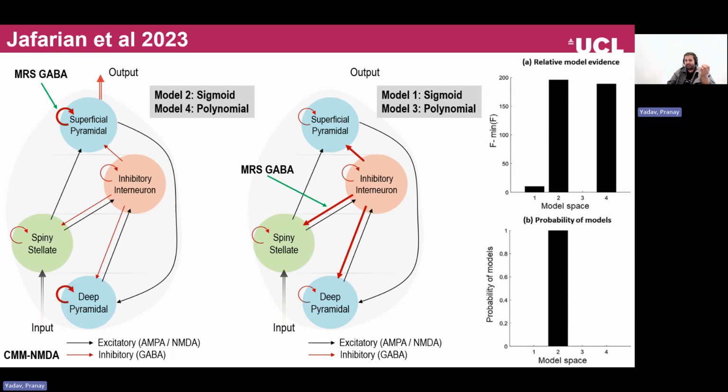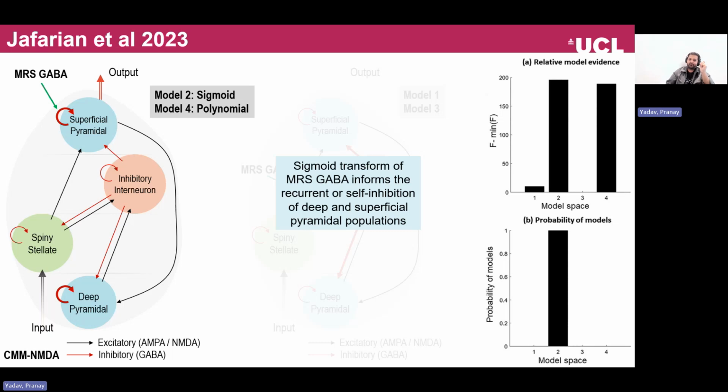And that can be seen in this posterior probability of models, where 2 has almost 100% probability. So what this means is that a sigmoid transformation of MRS GABA informs the recurrent or self-inhibition of deep and superficial pyramidal populations. That is a very cool finding. And it was very nice the way they did it, because they split it into odd even and showed that, okay, this is a consistent reproducible finding.